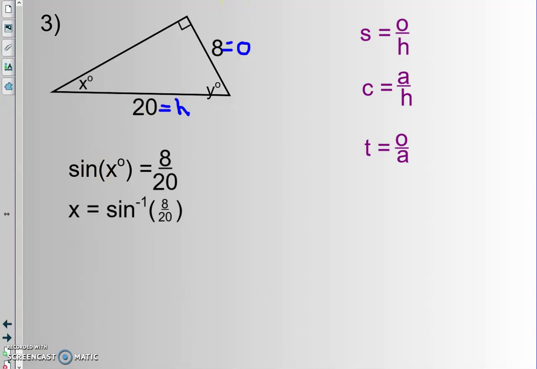So if you were writing this out, you might take the inverse sine of both sides. Oh, my writing is so bad. Ooh, boy, that's terrible. And inverse sine and sine cancel out, and we're left with x equals the inverse sine of 8/20.